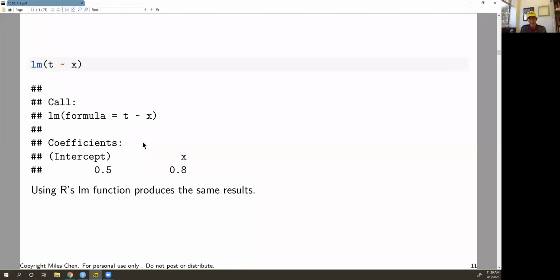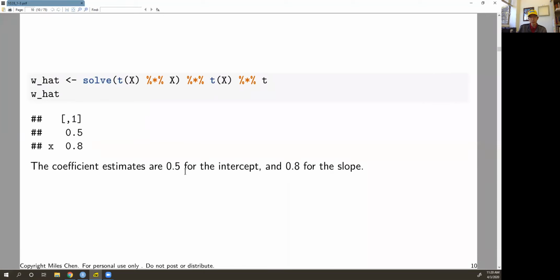If I were to fit a linear model using R's lm function, that is, predict T based on the input values X, I get the same values. My estimate of the intercept is 0.5, and my estimate of the slope is 0.8. Which is no surprise, because X transpose X inverse times X transpose T gives the values that minimize the ordinary least squares loss function.